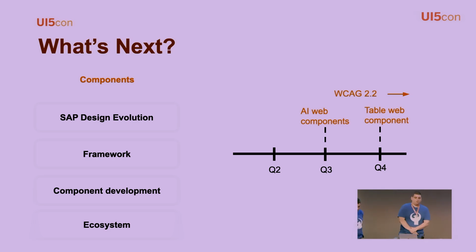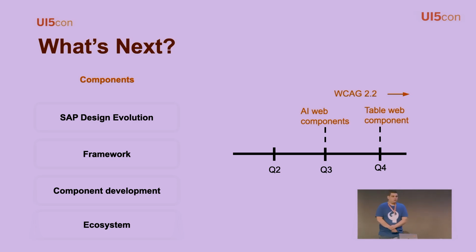Also, we are planning to continue our work on a brand new table with the idea to replace the current one and to make it more feature-rich by adding some features like virtual scrolling or the ability to have horizontal scrolls and multi-columns.